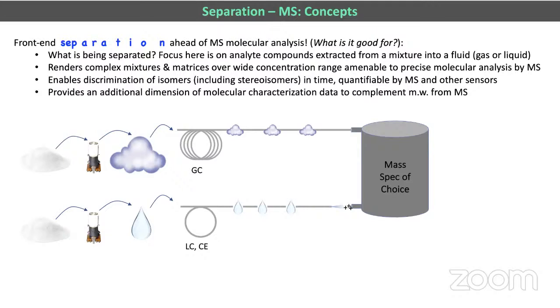Similarly, in the bottom cartoon, the liquid chromatography or capillary electrophoresis are the two acronyms here. I'll try to define these as we go, and I have a list at the end. Here, processed and presumably concentrated liquid is injected into a capillary, and it's separated as liquid flows through.